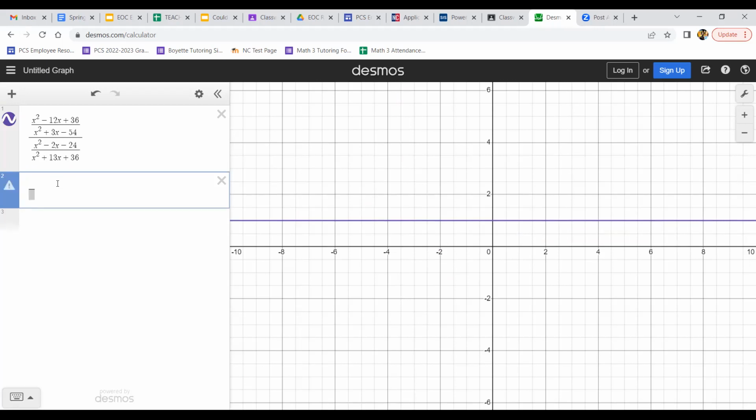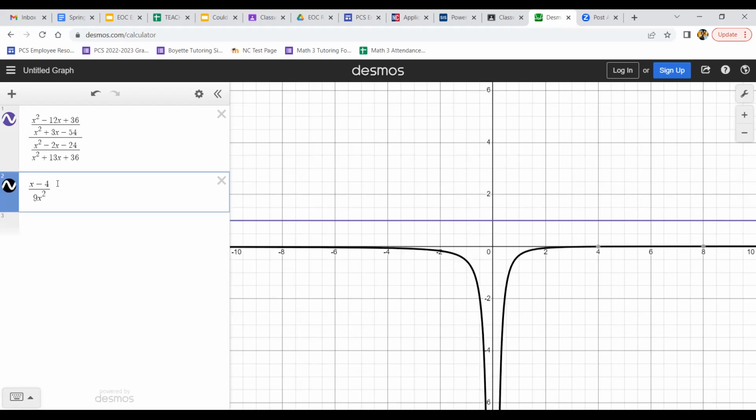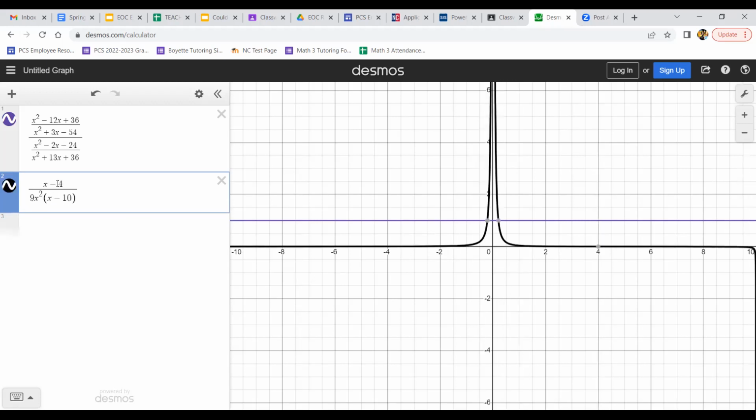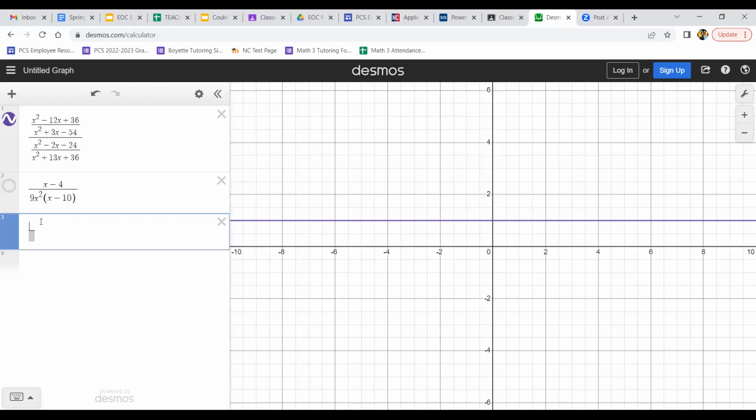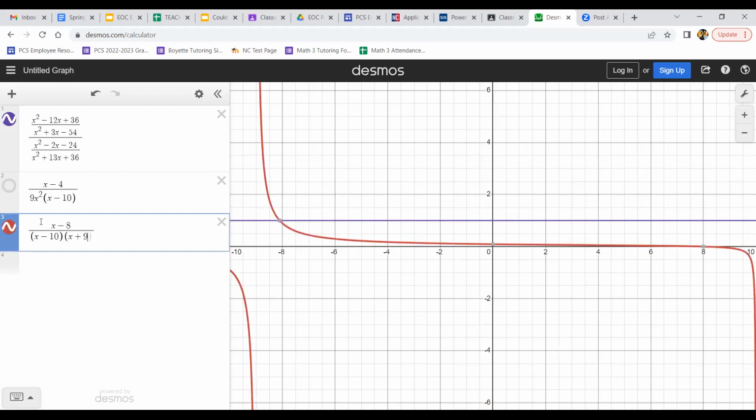So my first answer choice is x minus 4 over 9x squared, x minus 10. And that's not it. X minus 8 over x minus 10, x plus 9, which is not it.